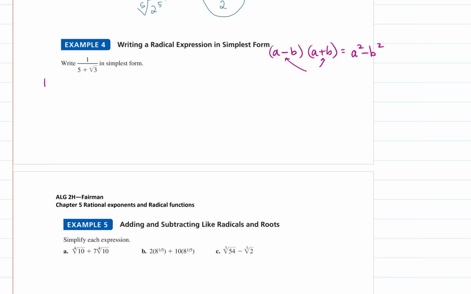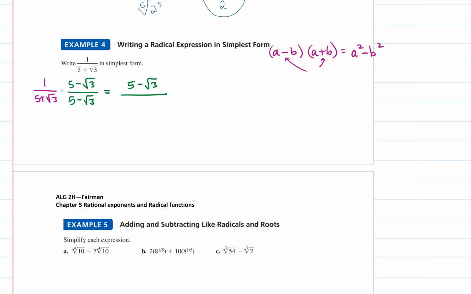So in this case, we've got 1 over 5 plus root 3. So we multiply by the conjugate, which would be 5 minus root 3 over 5 minus root 3. In my numerator, I just distribute, so I get 5 minus root 3, because 1 times that is going to be the same.